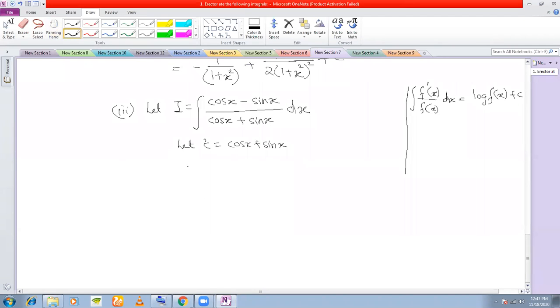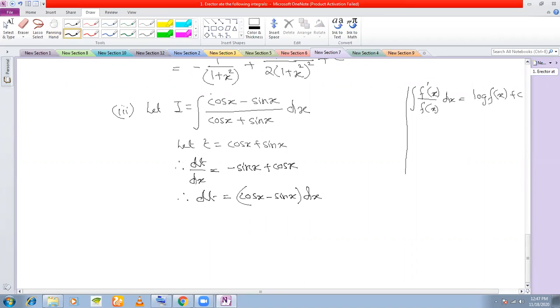So let t is equal to cos x plus sin x. Therefore, dt by dx is, the derivative of cos x is minus sin x, and the derivative of sin x is cos x. So what is dt? dt is cos x minus sin x dx.